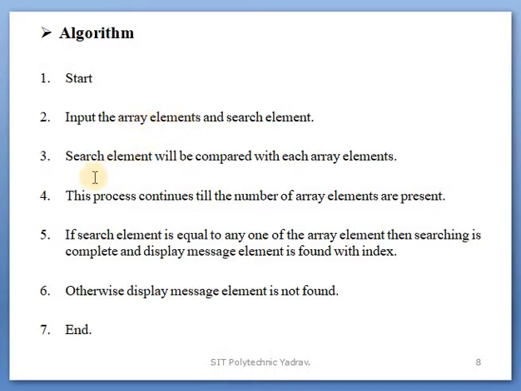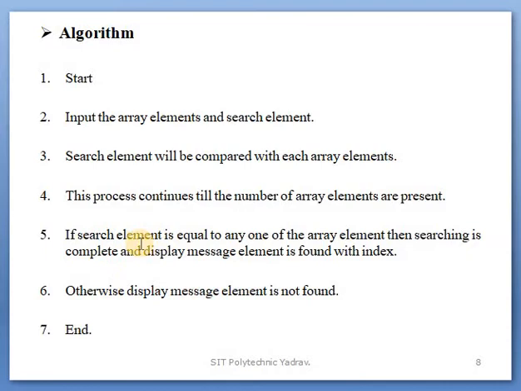The third step is calculation purpose: the search element is compared with each and every element of the array. This process continues as long as array elements are present. If the search element is equal to any one of the array elements, then the search is completed. Okay.